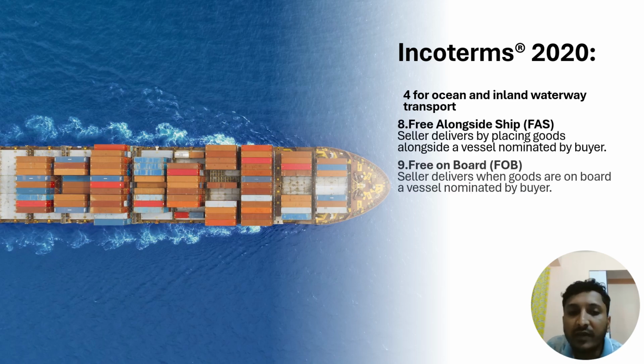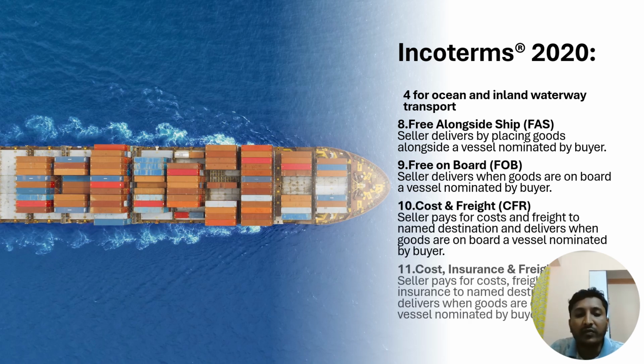FAS, free alongside ship, and FOB, free on board, and then CFR, cost and freight, and then CIF, cost, insurance and freight. So here, in FAS the seller delivers when the goods are placed alongside the vessel nominated by the buyer. In FOB the seller delivers when the goods are on board the vessel nominated by the buyer.